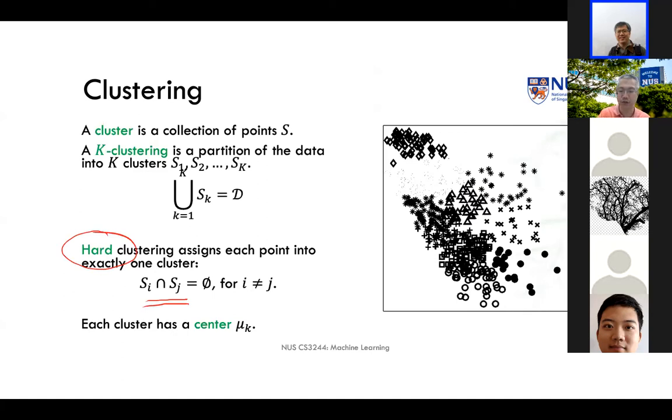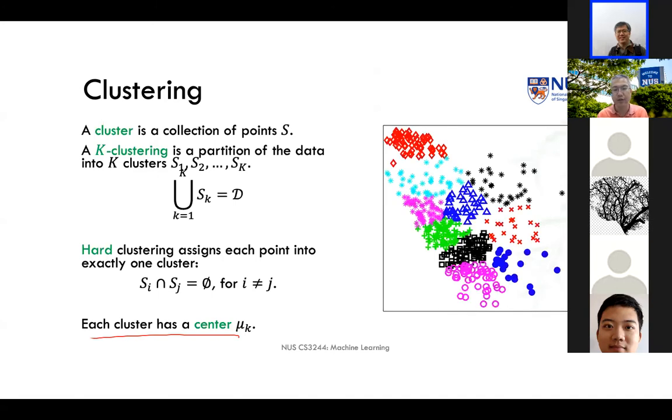Soft clustering means exactly the opposite: there can be some overlap, and points probabilistically belong to a cluster. They might belong to multiple clusters, or even to every cluster with some non-zero probability. And each cluster has a unique center, a centroid, some mu k for that particular cluster k.